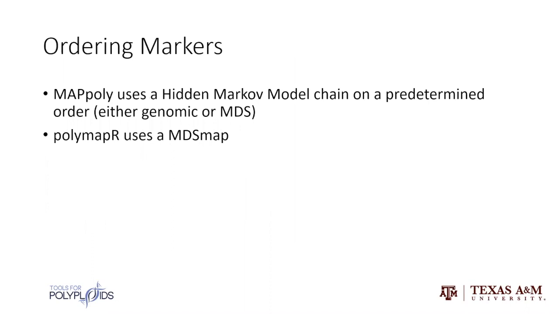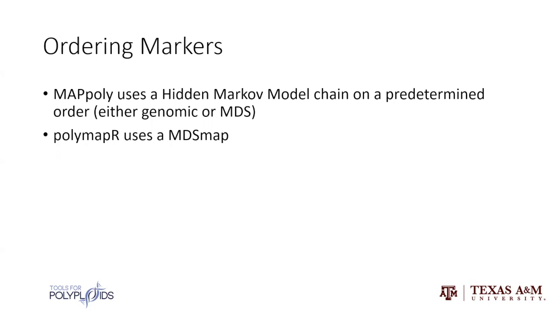So after you group your markers into linkage groups, then you need to order your markers, or I guess estimate how close the markers are to each other. So MapPoly uses a hidden Markov model chain on a predetermined order.